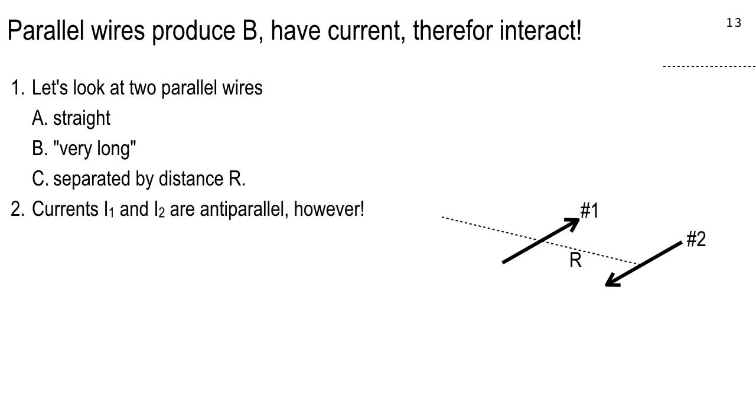But what I want you to do is map in what all I've got is the currents. And I want them to be going in opposite directions. Now my current number 1 is going to the right of this dotted line. And my current number 2 is going to the left of the dotted line.